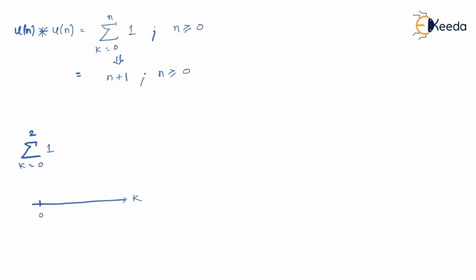At 0, it has an amplitude equal to 1. At k equal to 1 also, it has an amplitude equal to 1. At k equal to 2 also, it has an amplitude equal to 1. So when k ranges from 0 to 2, for every value of k, it has an amplitude equal to 1. Now what we need to do is sum all these ones.